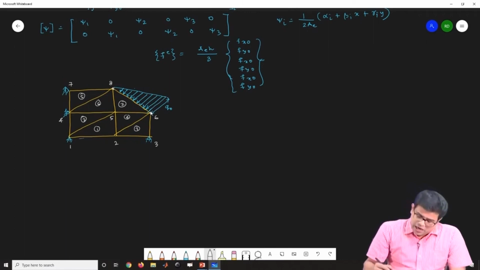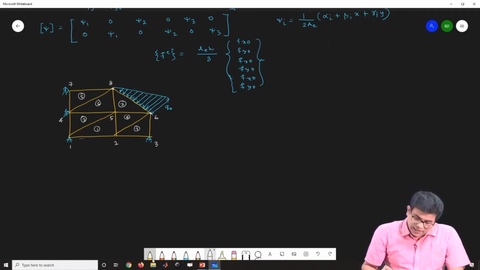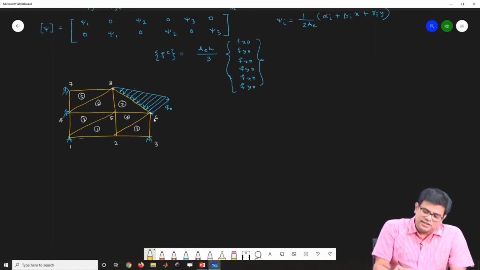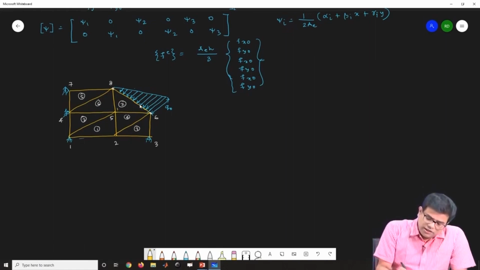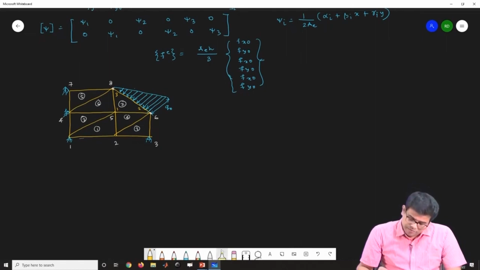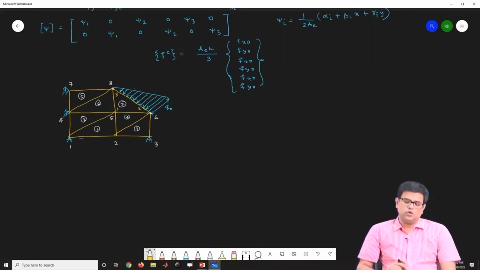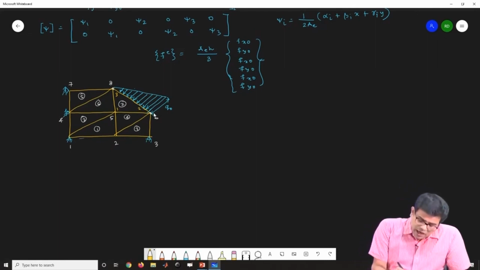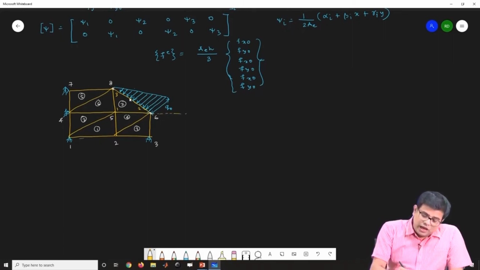So now, if I consider the local coordinate system of this element, that is 1, 2, 3. This side of the element has a traction force, and this force is normal to this line.